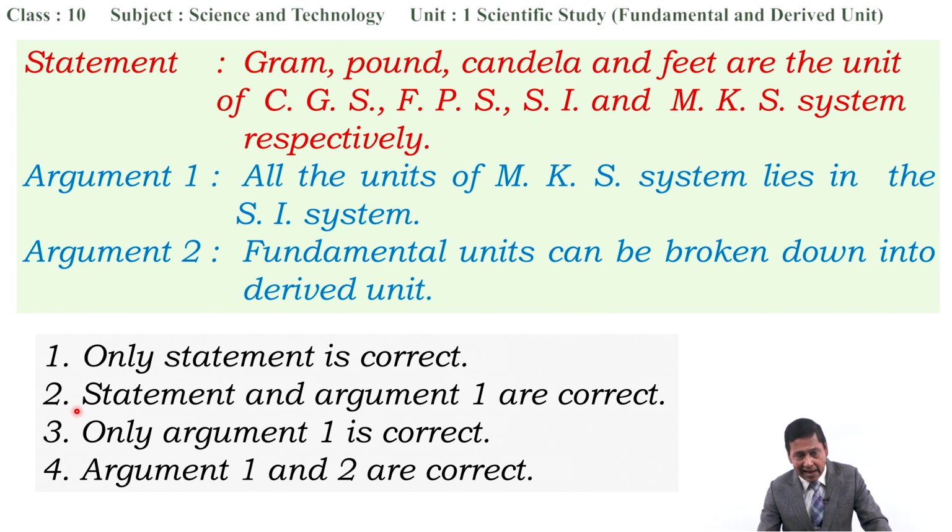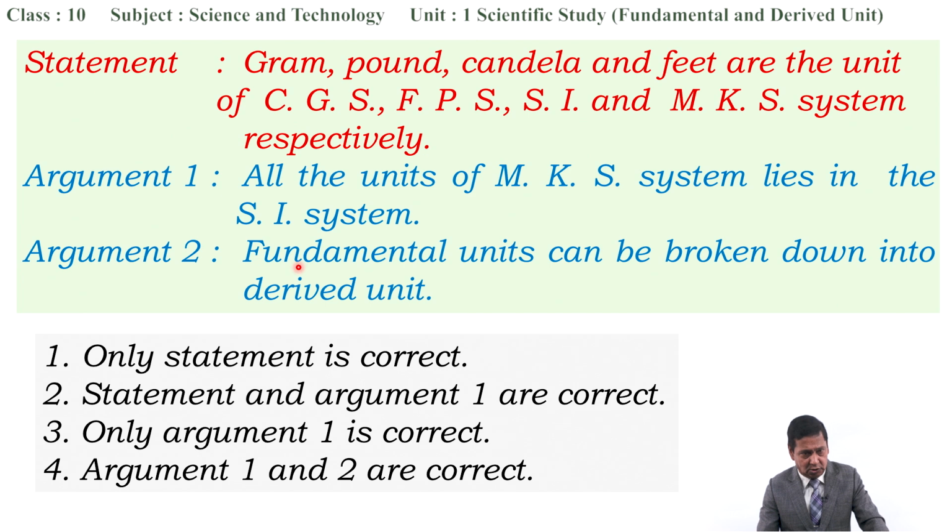But only argument 1 is correct is told in this third option. We have another argument also, till now not checked. That's why we cannot say this third option is correct. The third option is suspended. May be correct, may not be correct. We have to go through argument 2 also, because in the fourth option argument 1 and 2 are correct is told.